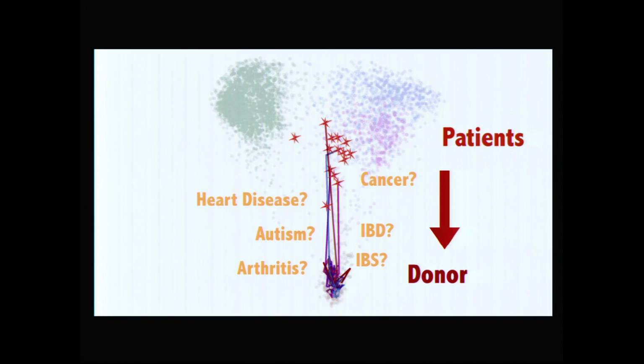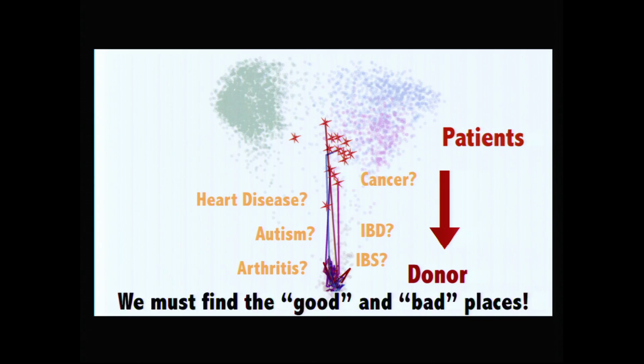And in this case, figuring out how to identify an aberrant microbiome state in patients and bring it back into the healthy state, whether in this case by direct transplant, but you could also imagine doing it by chemical means or doing it by microbiological means with probiotics or all kinds of other interventions, many of which have direct analogues in the built environment. And so what we really need to do here, in the human case, is to take all the diseases linked to the microbiome and identify the good and the bad places in the map and how to get from one to the other. But you could imagine doing exactly the same for sick homes and sick workplaces.